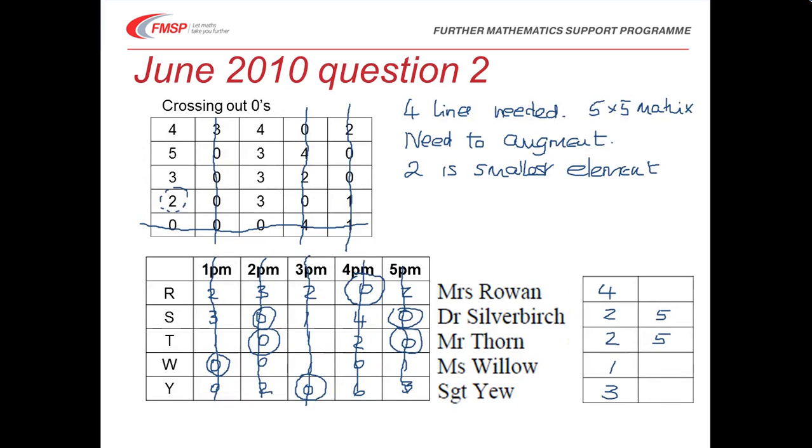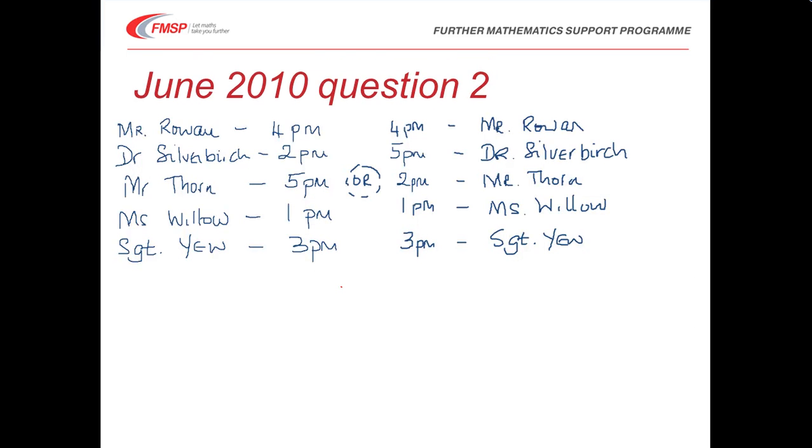And then when you came to this next bit, you get a method mark for augmenting and an accuracy mark for doing it correctly. And then at the end here, you got 1 mark for each of these. So it is important, as I say, that you write down each of these. So 1 mark for this method and 1 mark for that. So a total of 9 marks altogether.